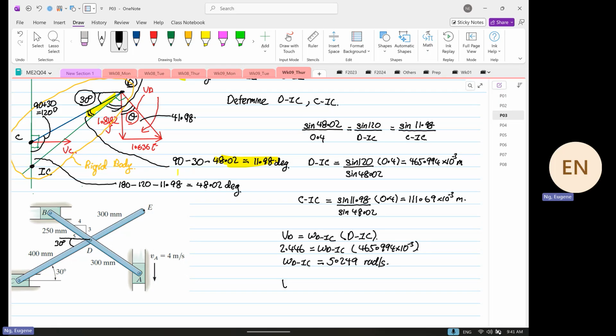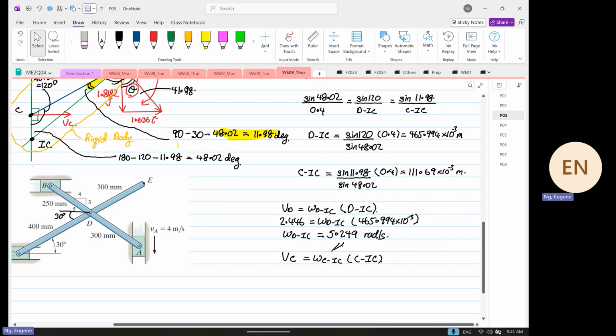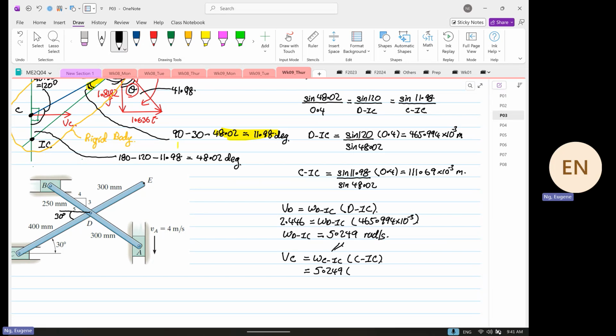So to get Vc, you have to put in omega CIC multiplied by the distance CIC. And we know that this is also equal to 5.249. So you get 5.249 multiplied by CIC, which is 111.69 times 10 to the power minus 3.